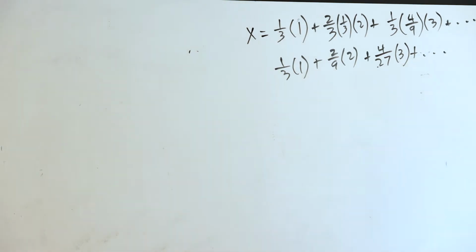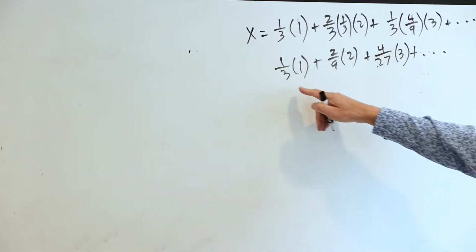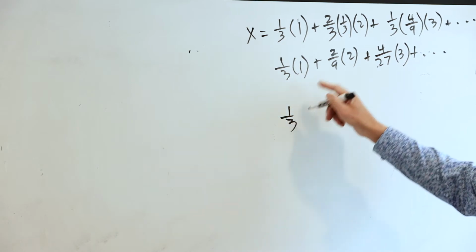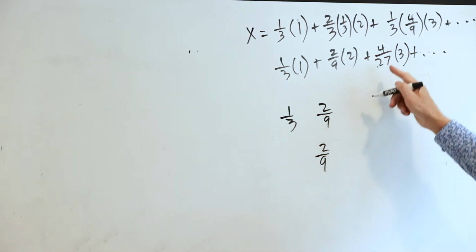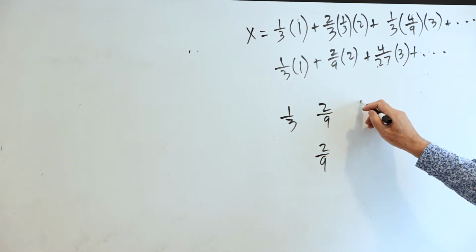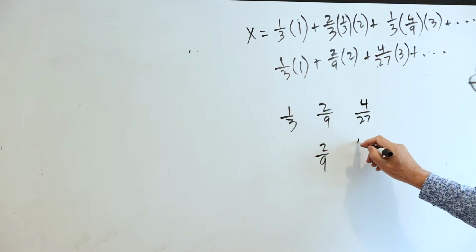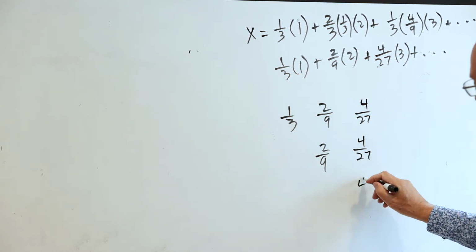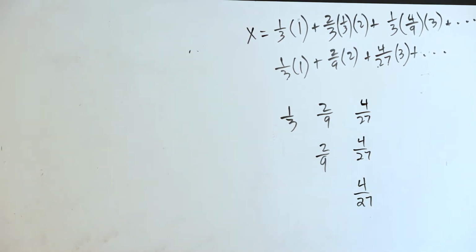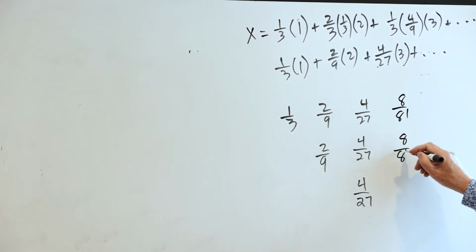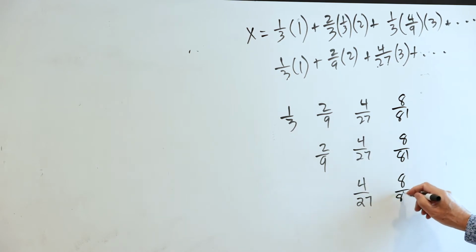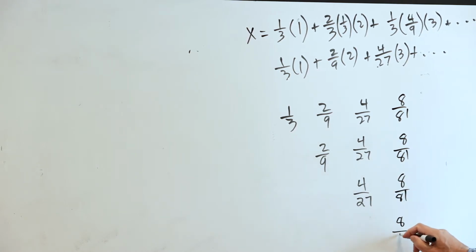Now, to sum this, I have 1/3, but I have 2/9 twice, so I'm going to write it twice. And I have 4/27 3 times, so I'm going to write it 3 times. Etc. And then the next one would be 8/81, which I'm going to write 4 times.